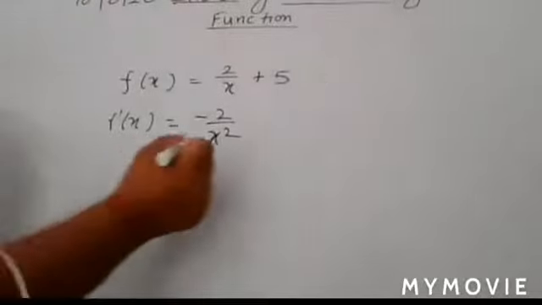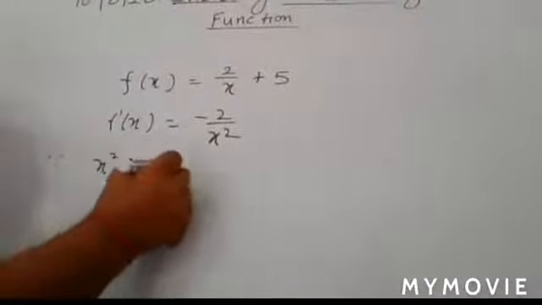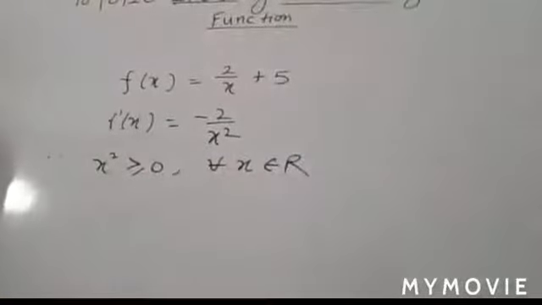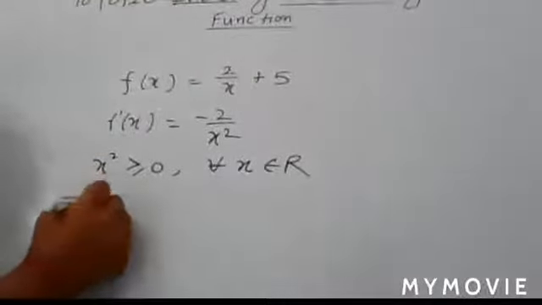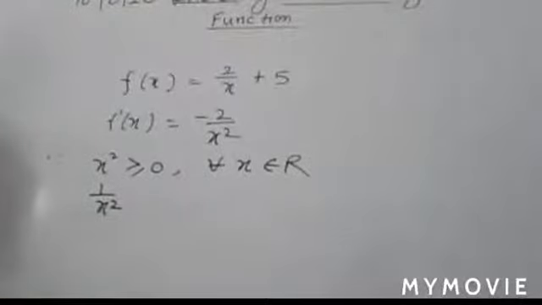Now you know the value of x square is greater than or equal to 0 for all x belongs to real numbers. But if you write 1 by x square, x is in the denominator, so it can never be 0.